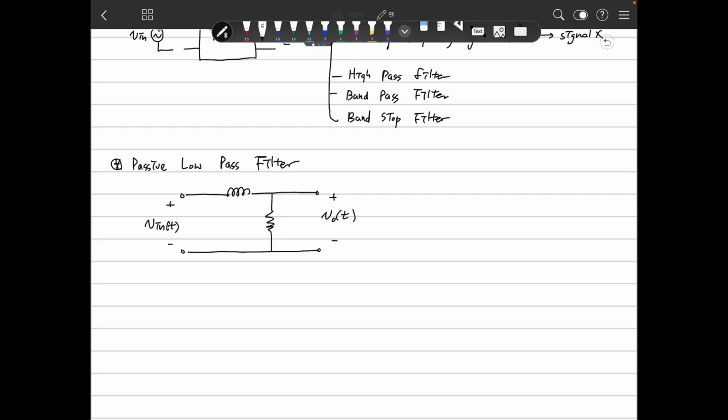Then what is the meaning of that? To solve the relationship between the input and output, I will replace this with the phasor. This is R plus j omega L, this is L, this is R, then this will be V in, this is V out, the phasor.